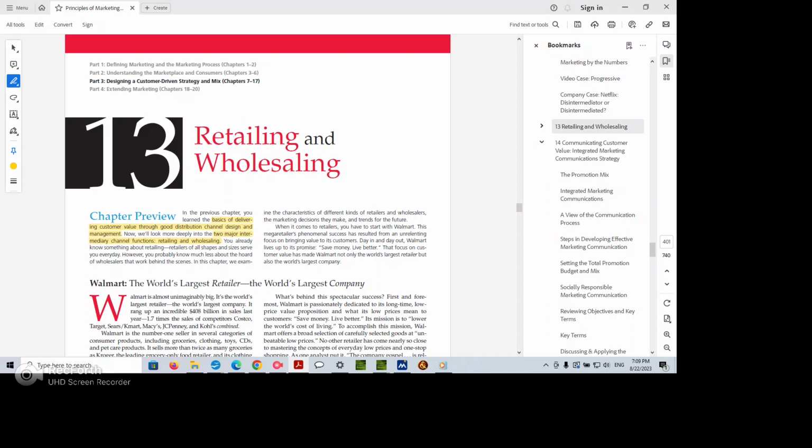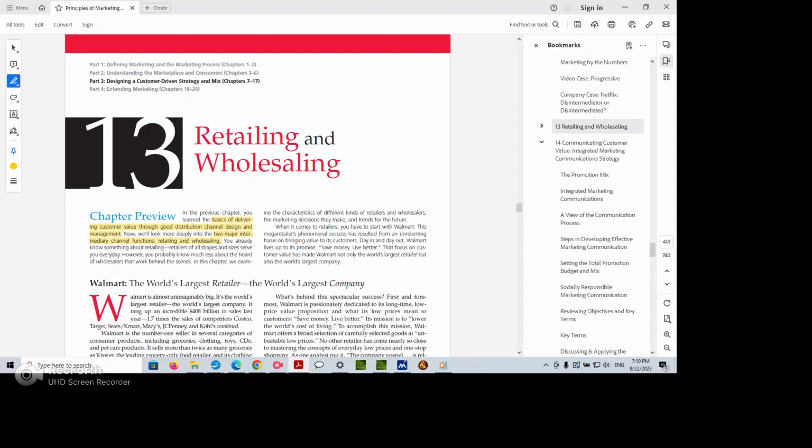However, you probably know much less about the horde of wholesalers that work behind the scenes. In this chapter, we examine the characteristics of different kinds of retailers and wholesalers, the marketing decisions they make, and the trends for the future.